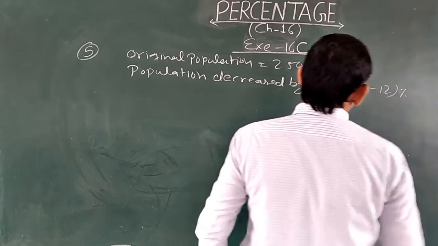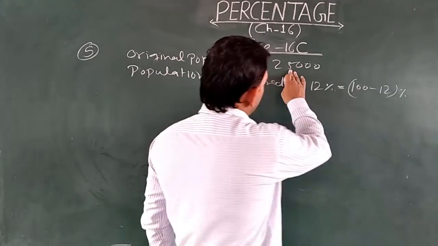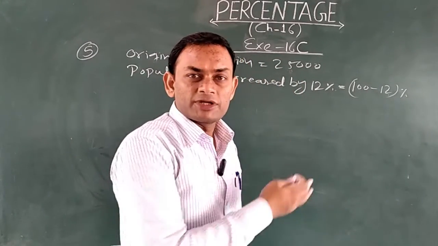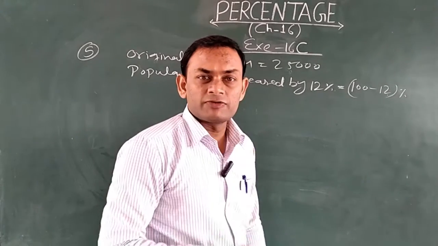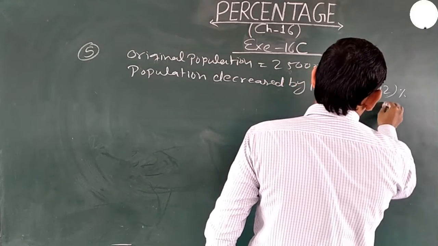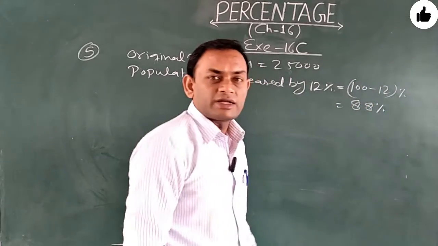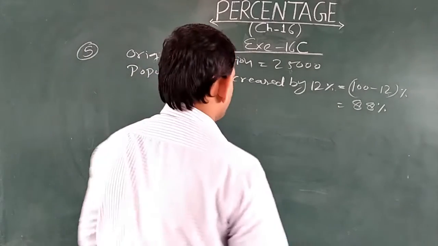As I told you, everything is 100% in itself. Okay, so the population of the village is 100%, and it is decreased by 12%. So we will subtract the 12% and we will get the current or at present population, that is 88% of the village. So we will find 88% of the 25,000.